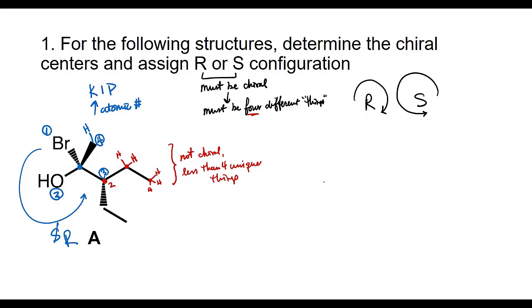So I have this, and I'm going to call this group just G. And I'm going to rotate this so that the wedge is currently on a dash. So I'm going to do this, my CH3. When I do that, my bromine becomes in the page, and my alcohol faces towards me.